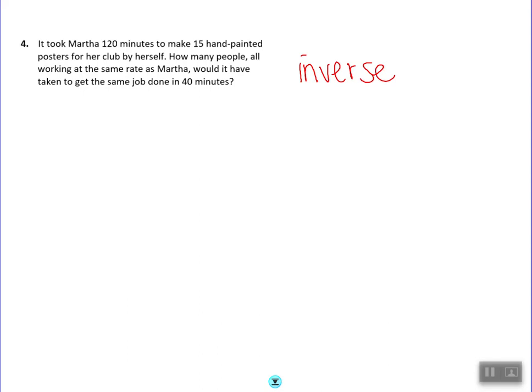Now, our equation for inverse variation is y equals k divided by x. I'm going to make y the amount of time and x the number of people.